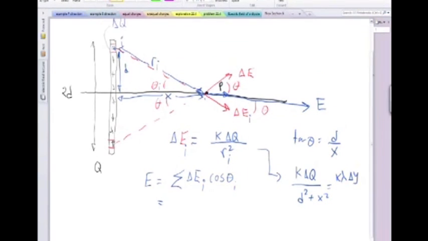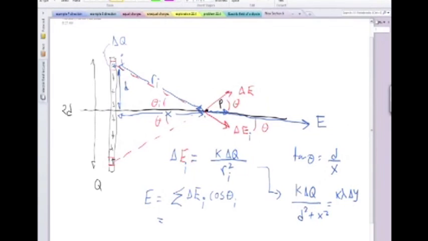What is delta y? Delta y will be the length of that segment. That is delta y. And divided by d squared plus x squared. Okay? So this sum basically has the terms k lambda delta y divided by d squared plus x squared and multiplied by the cosine of theta sub i, which is the adjacent x over the hypotenuse, which is the square root of d squared plus x squared.